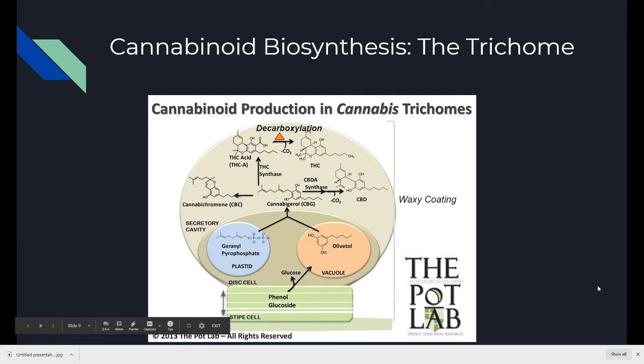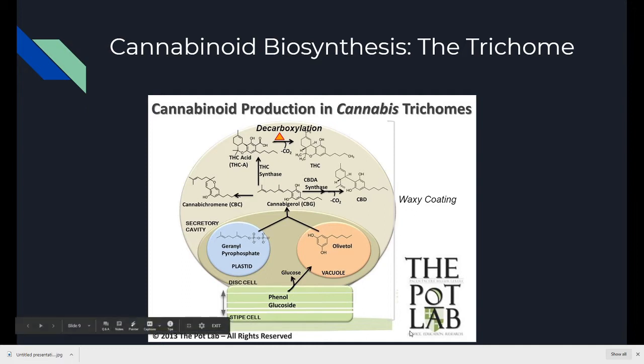So when we're making THC in the trichome, what happens here is this little cell, which looks like a neck, can be very long or very short, the stipe cell, is going to send phenol glucoside into the disc cell, which then is going to go into the vacuole, releasing glucose and change into olivetol. This olivetol will be excreted into a secretory cavity along with geranyl pyrophosphate.